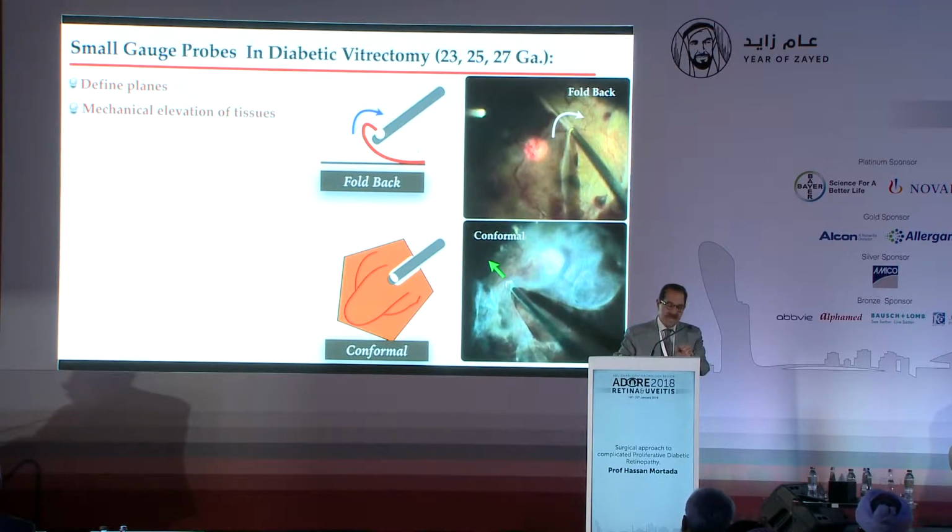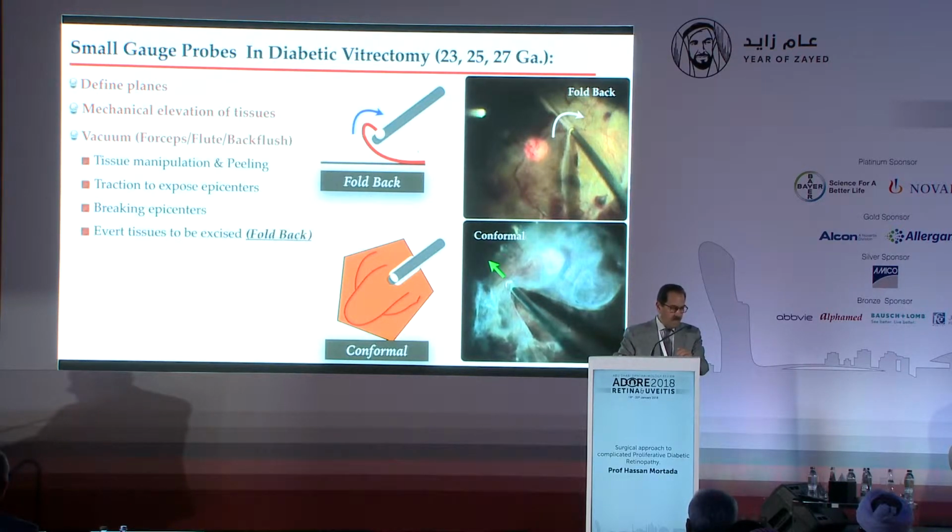Small gauge probes really added much to the technique of dealing with these complicated cases. With a small gauge, you can define planes and mechanically elevate tissues. The vacuum can act as forceps, flute, or backflush needle. So tissue manipulation or peeling, traction to expose epicenters, breaking of epicenters, and everting tissues to be excised away from the retina, the so-called fold back technique.